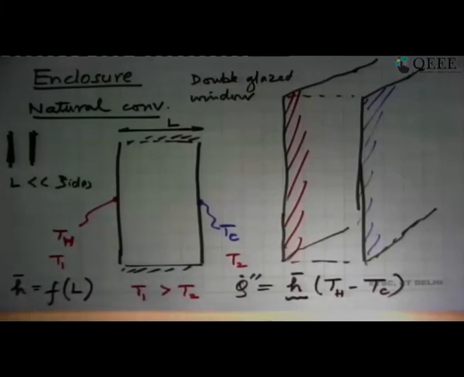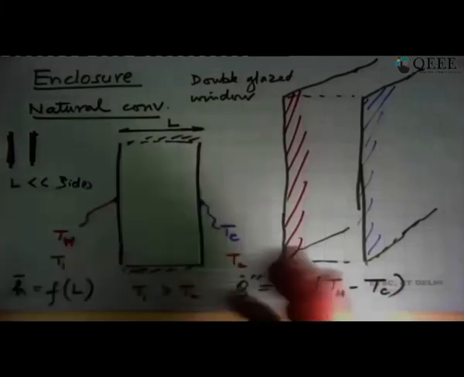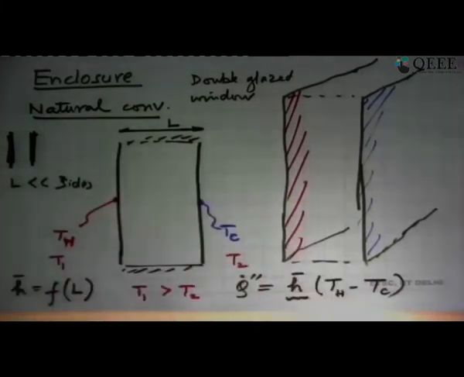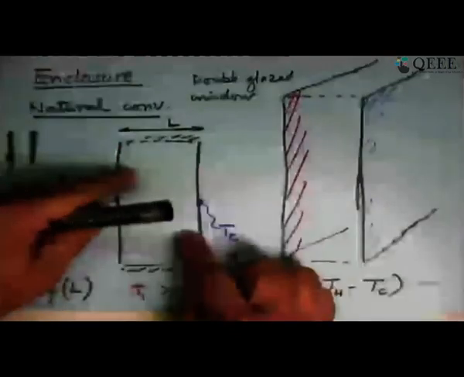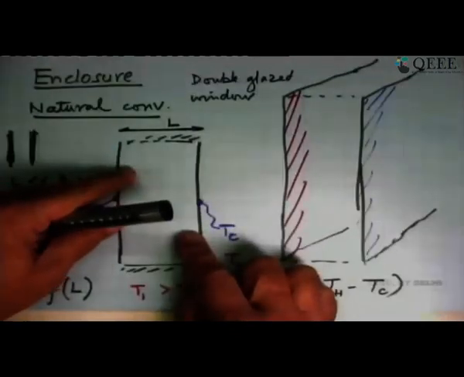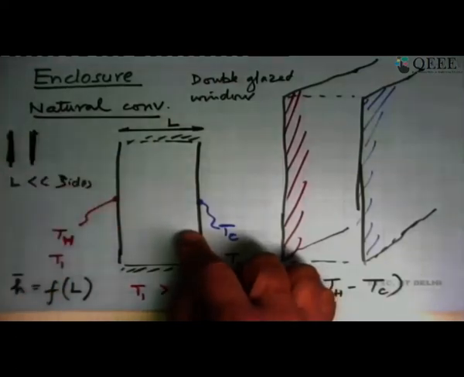Many things happen in this case. We can start with a case where this L is extremely small, and then define the range over which it happens. If it is very small, the temperature difference is causing the fluid to go up and set up a current like this. But because it is so small, viscous forces are very high, and so they prevent the fluid from any motion at all.